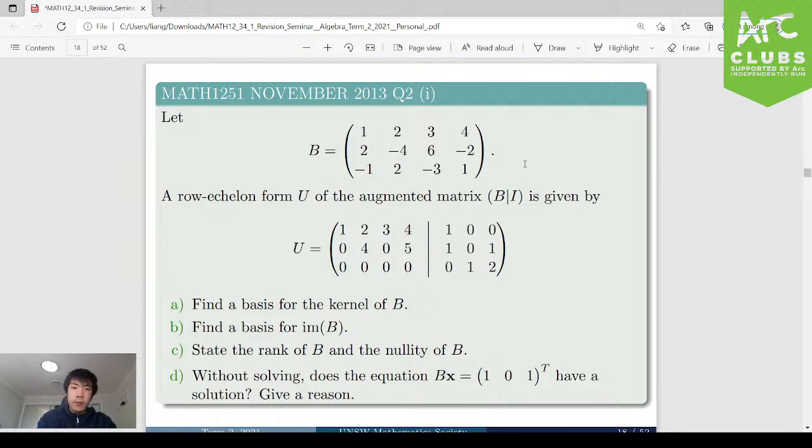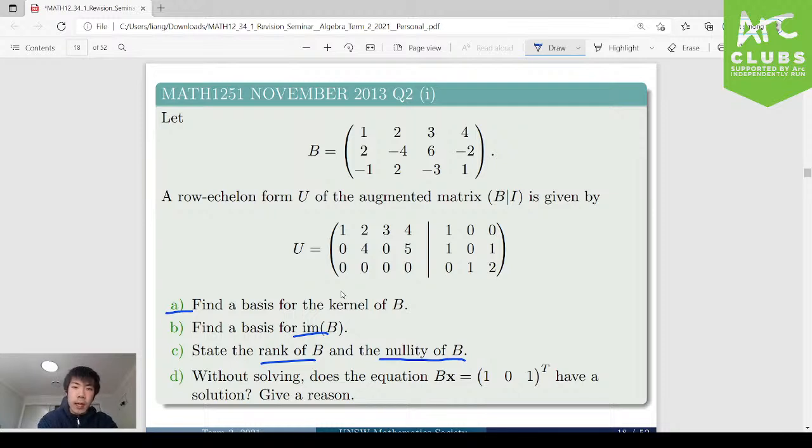So let's have a look at an example here. The first time we do it, we'll just be focusing on part A. After we go through image and rank, we'll come back and do the other parts, and finally we'll do D in the end as well. Okay. So firstly for part A, let's read the question.